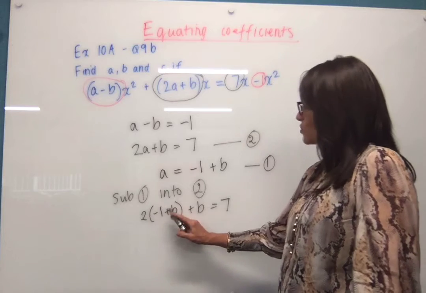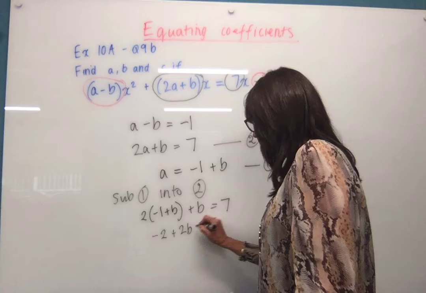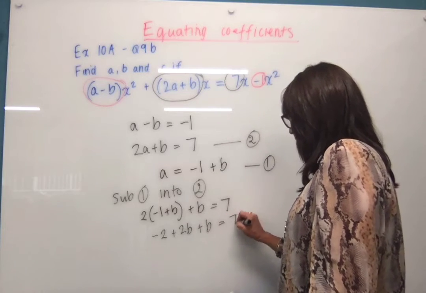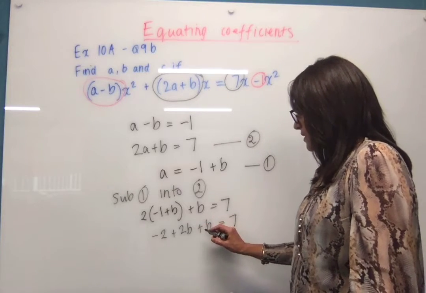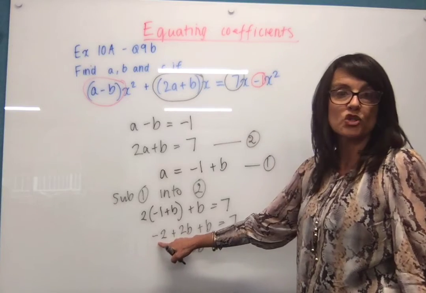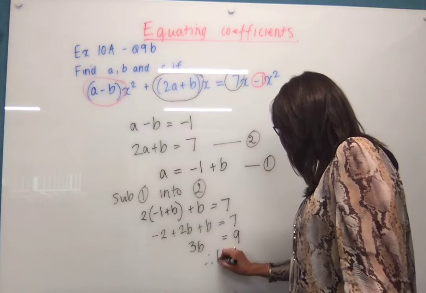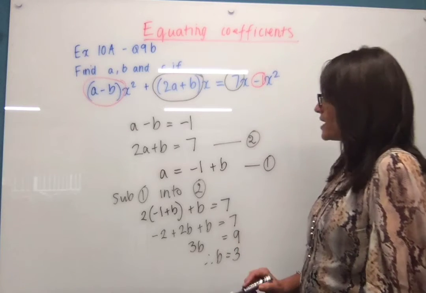So 2 times a, which is -2, plus 2b plus b equals 7. 2b and b is 3b. And I'm going to add 2 to both sides of the equation, so this becomes 9. Therefore, b equals 3.